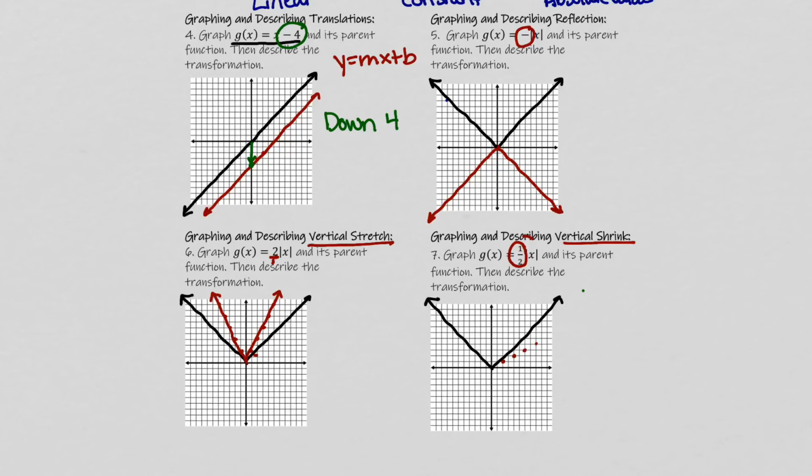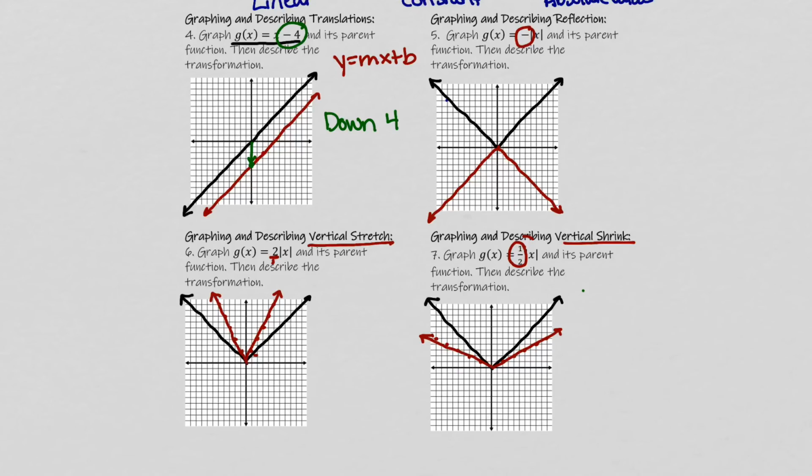And from those points, keep doing that. And you do the same thing going left. Go up 1, left 2. And then you get your little graph. Now this one is a shrink. If you look, it gets squattier. It gets closer to the x-axis. Okay, it's not stretching up, shrinking down to the ground.